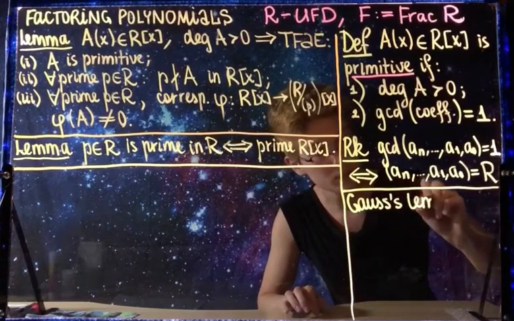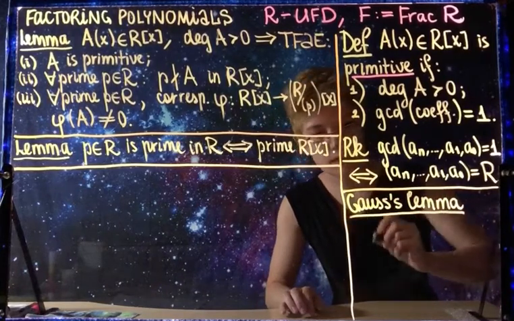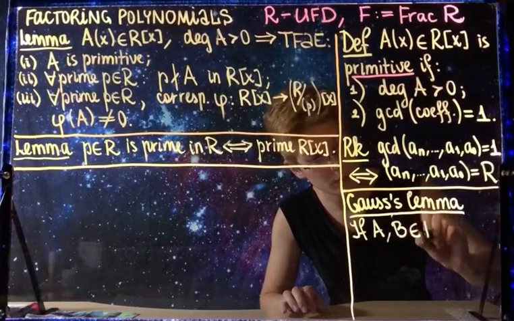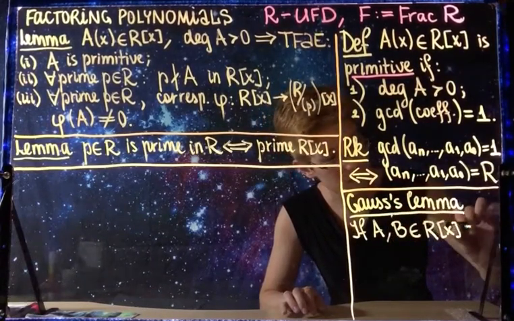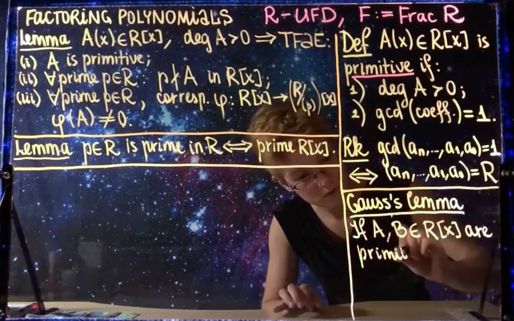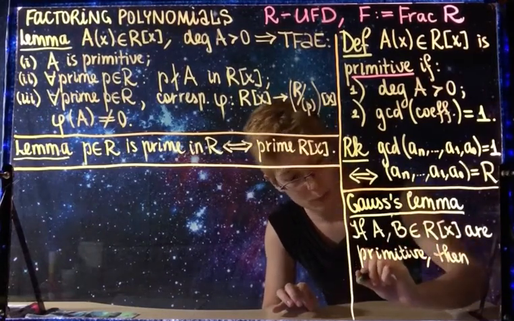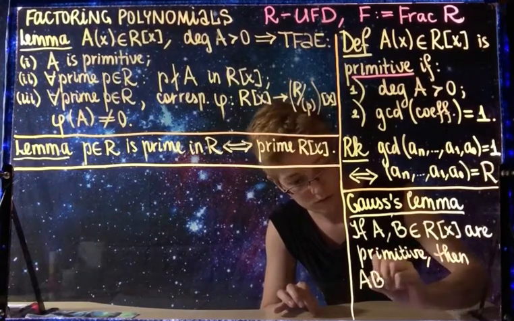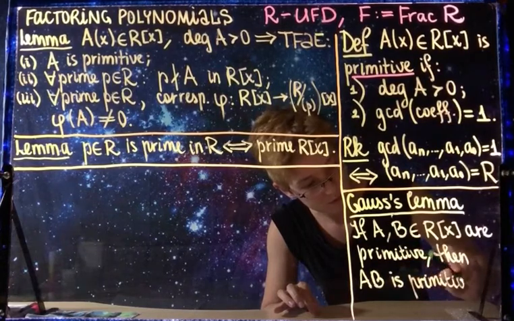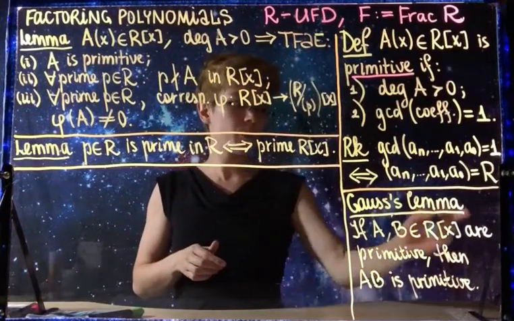Gauss lemma states that if A and B are primitive polynomials, then their product is also primitive.